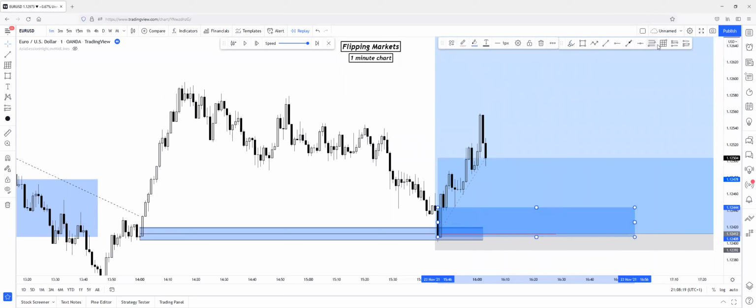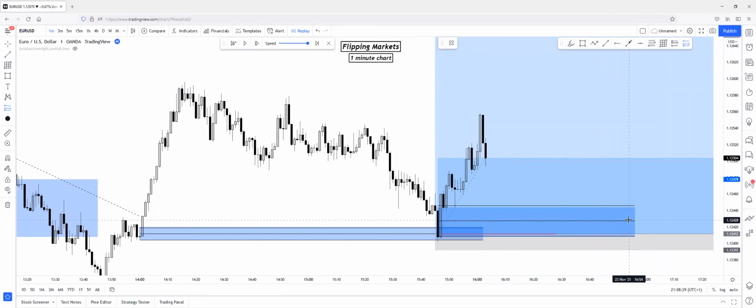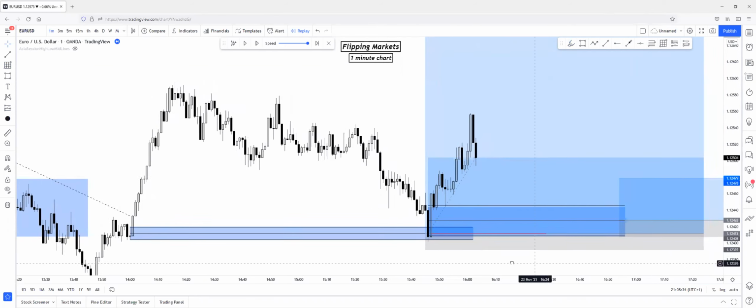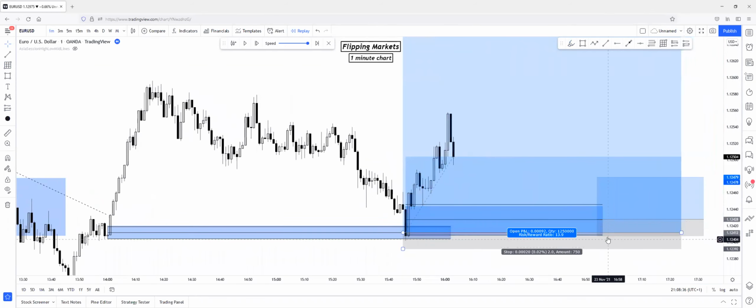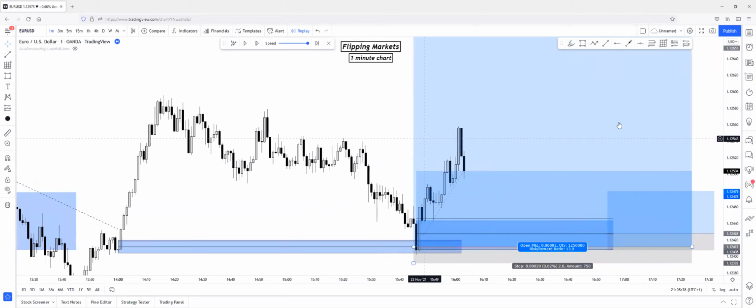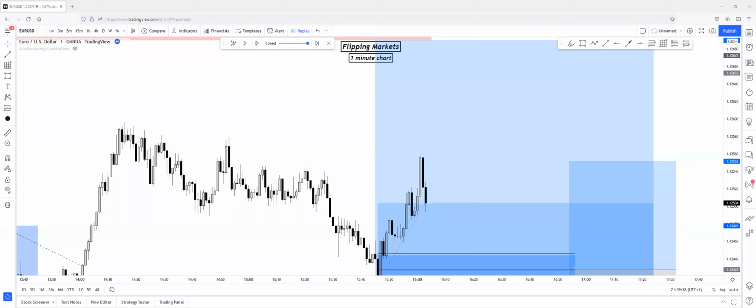I will just use my gam box here. So here's the gam box. I will just place my position on the 50% of this zone, and maybe the 2 pip stop loss will almost cover the zone. It barely covers it. So I will just keep it that way.